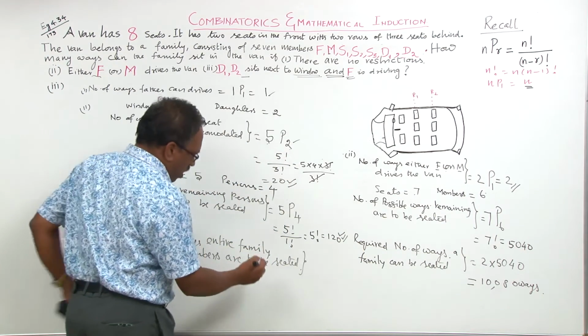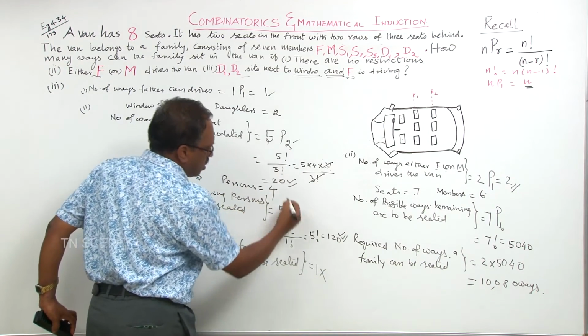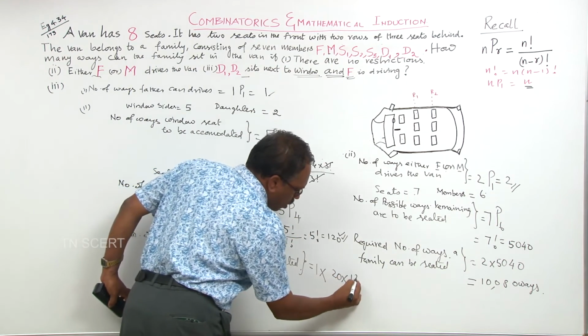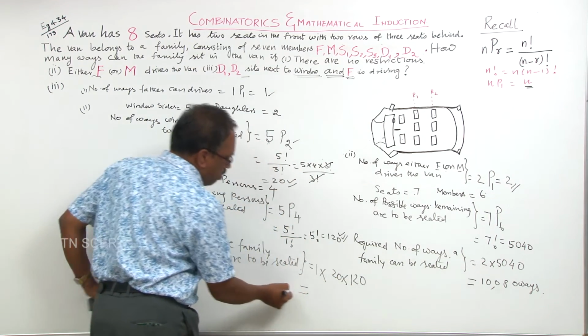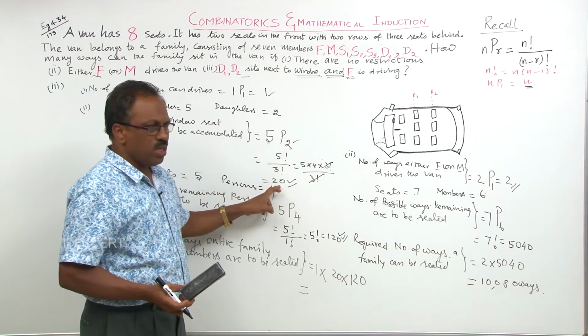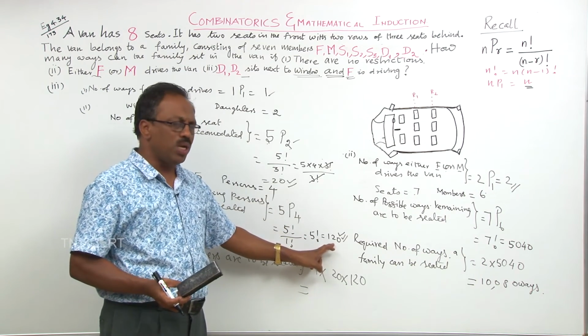Father is 1, daughters 20 ways and the remaining members 120 ways. Remember, father will be placed in 1 way, daughters will be placed in 20 ways and remaining members in 120 ways.